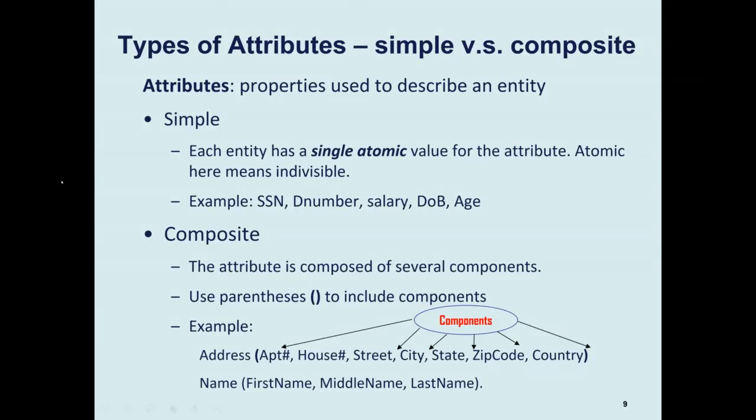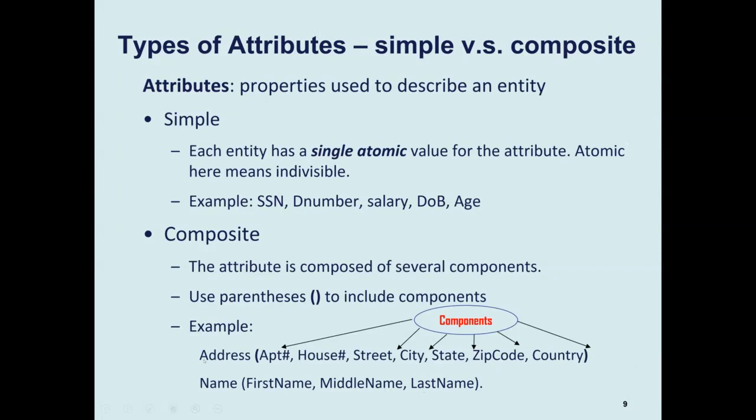Another one is that, for example, we also record a student's name or employee's name. We can use a single attribute name to represent a person's name. But usually a person's name has at least two components, usually three as the standard: first name, middle name, and last name.